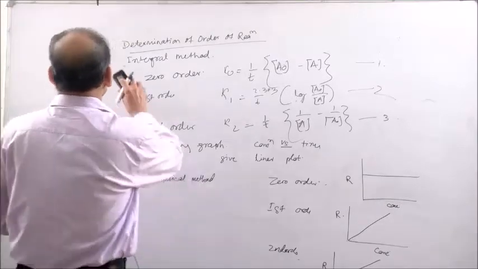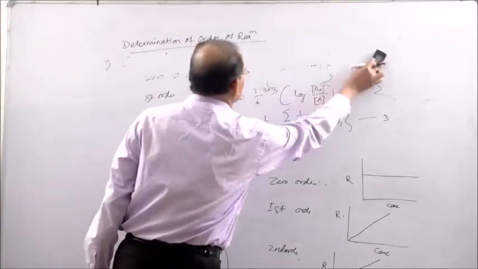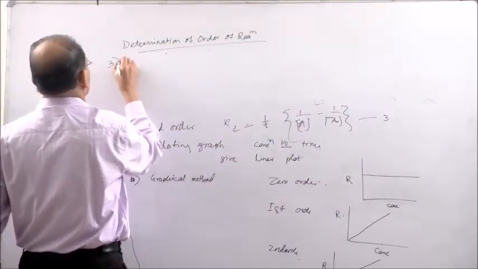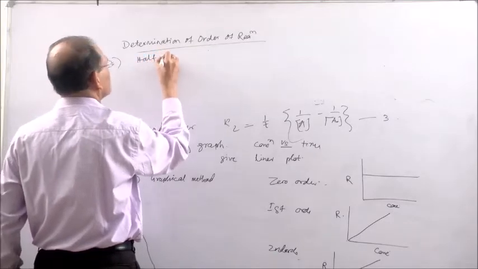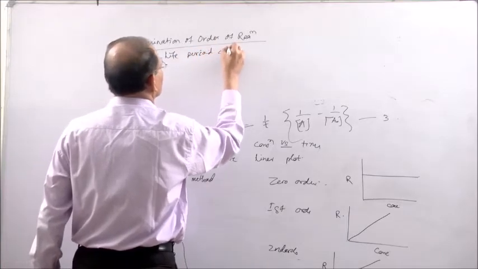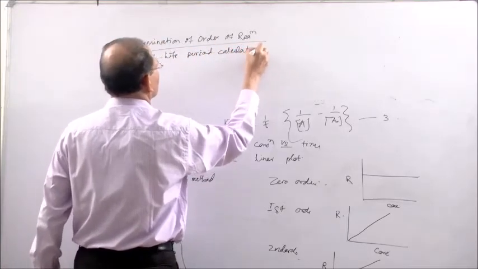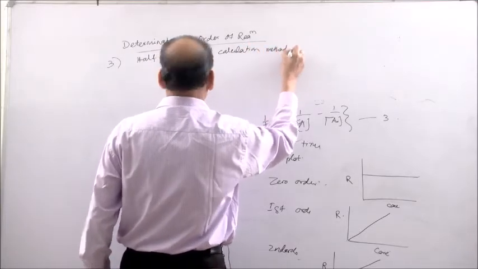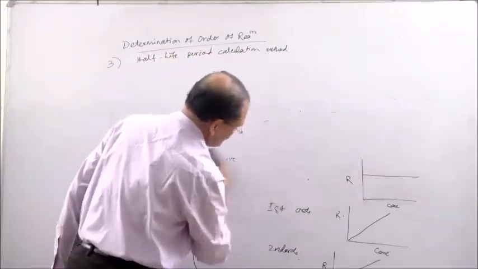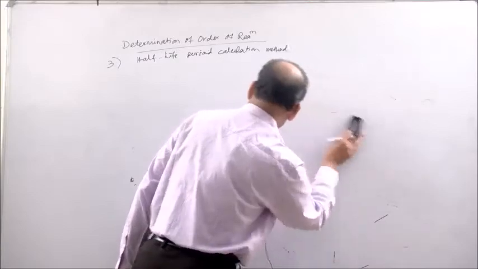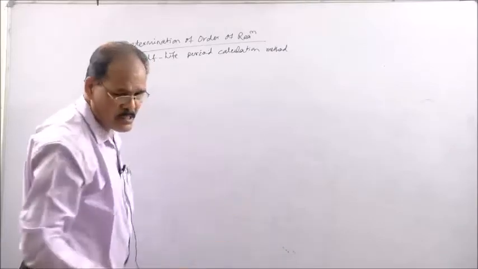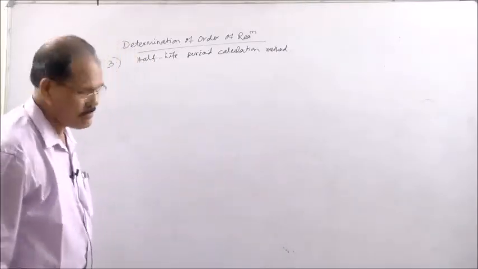Now third is the half-life period calculation method. We have already discussed for zero order and first order that the half-life period is independent of the initial concentration for first order, and for zero order it depends on it.